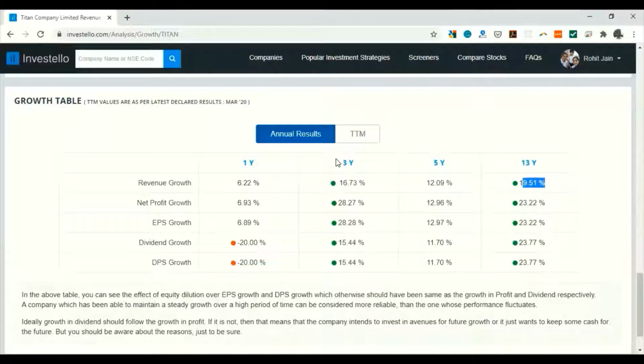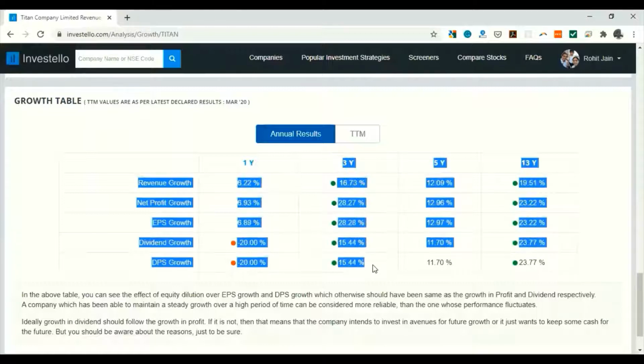And when we look at the past 5-year growth, they are more or less similar, revenue growth and EPS growth. When we look at the 3-year growth, then EPS has grown much faster in comparison to revenue. So in the past 3 years, Titan has grown really well. Maybe there was some lean patch within this 5-year or 3-year gap, but in the past 3 years it has grown well.